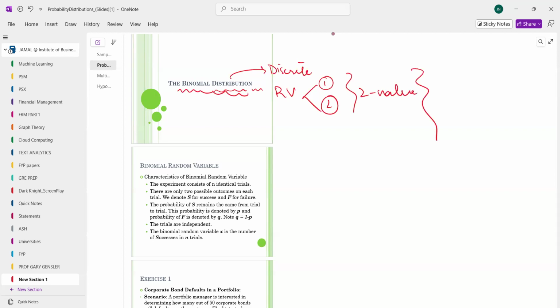So, for example, a coin toss is the most classical example. In this case, you have head and tail options. Stock prices is not a discrete distribution, so maybe some other example.